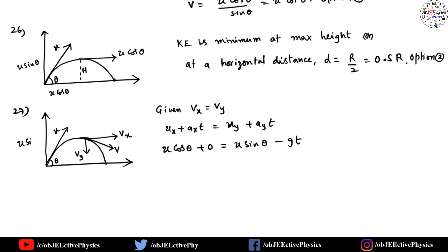Along vertical direction, u sin theta is the initial vertical component and u cos theta is the initial horizontal component, but the horizontal component is always the same.